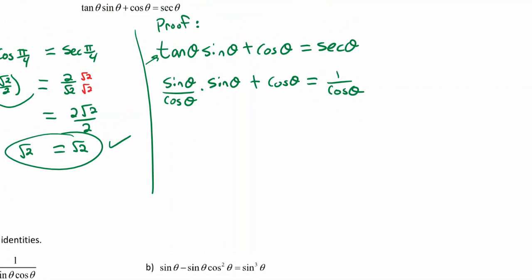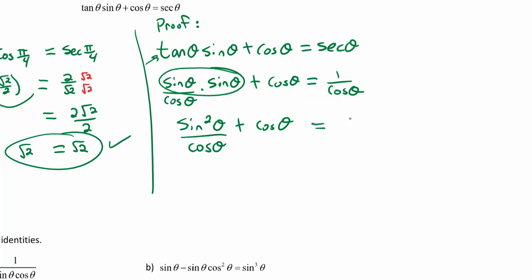Okay, so now kind of look here thinking, okay, what can I do here? What do I have for options? Maybe it'd be a little bit clearer if I write one more step here. Let's rewrite this guy. I can combine that. That'd be the same thing as sine squared theta plus cos theta, over cos theta, just under that one, is equal to 1 over cos theta.